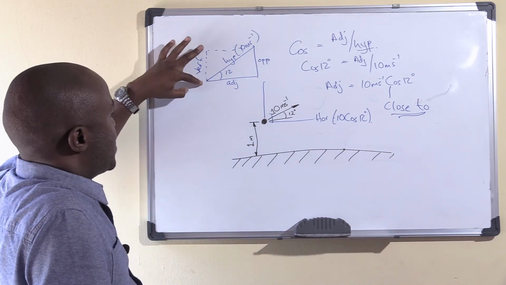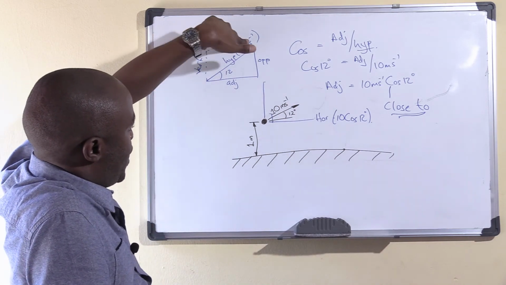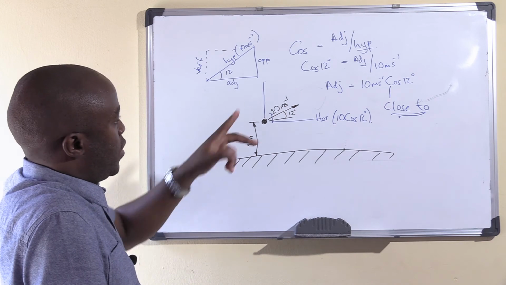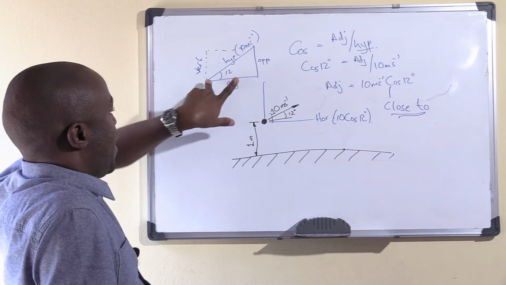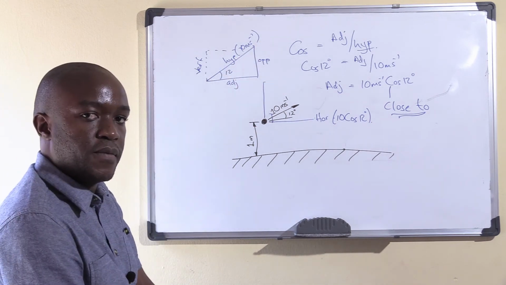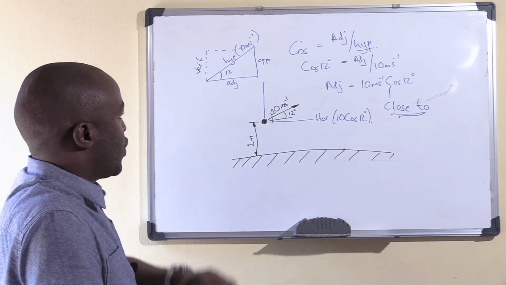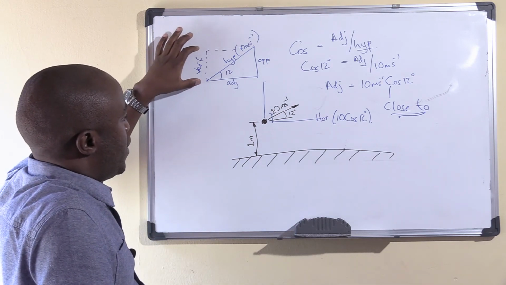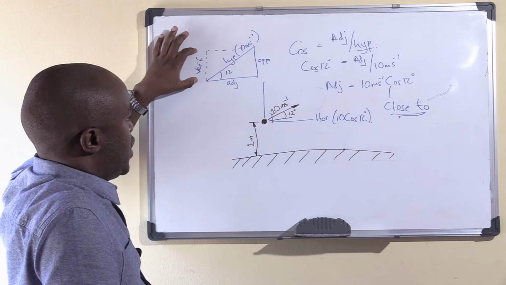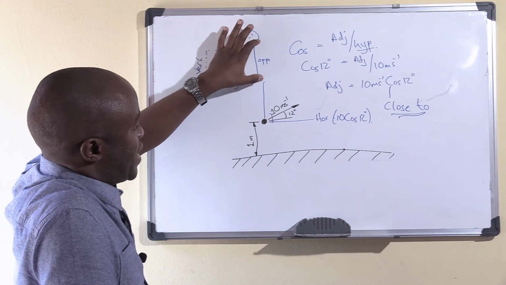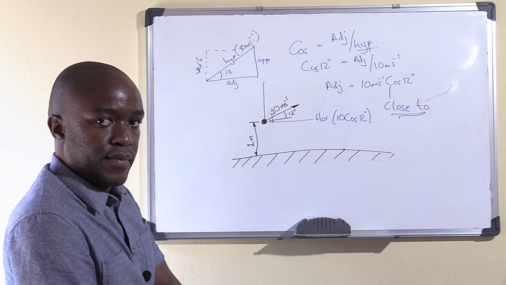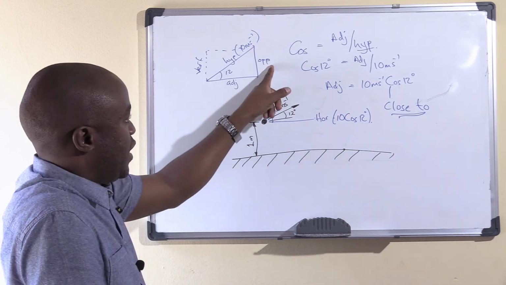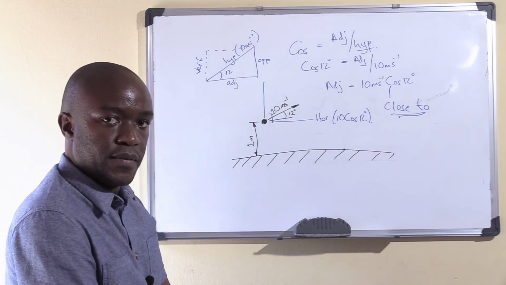You can see that that side and that side are equal to that side and that side respectively. So we know that the component of our force in the vertical should be the same as that size there. So effectively, it's our opposite.